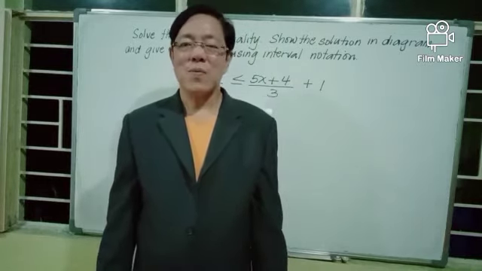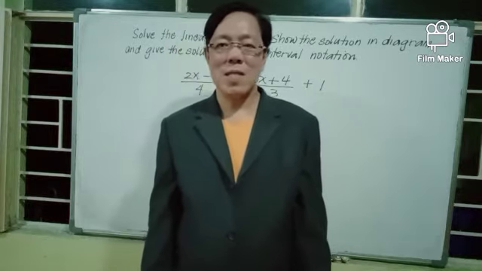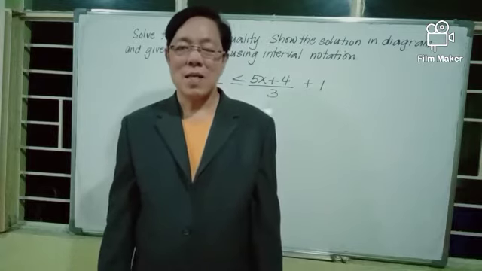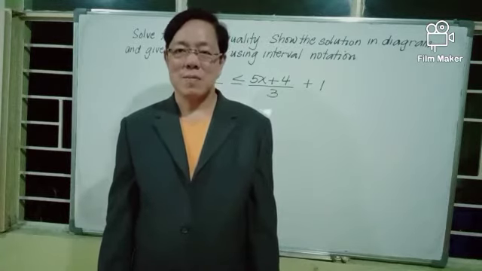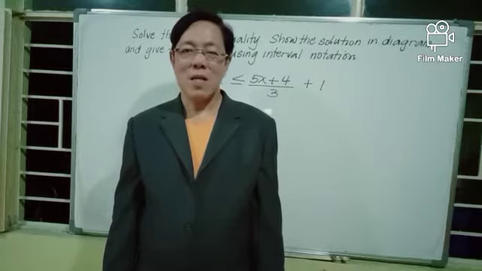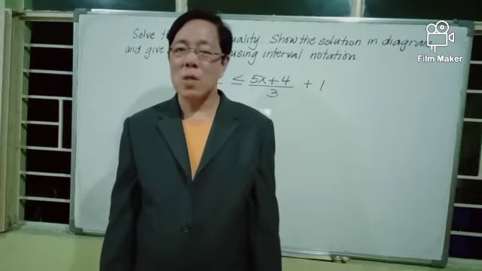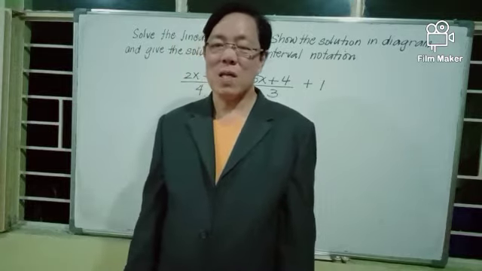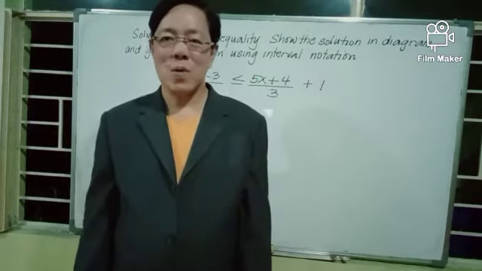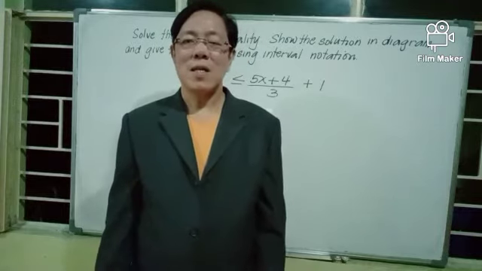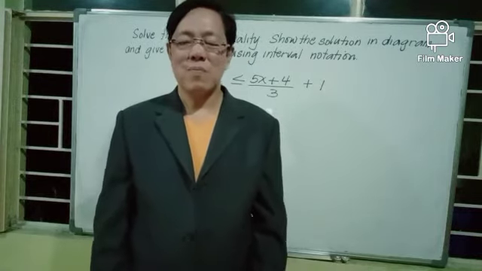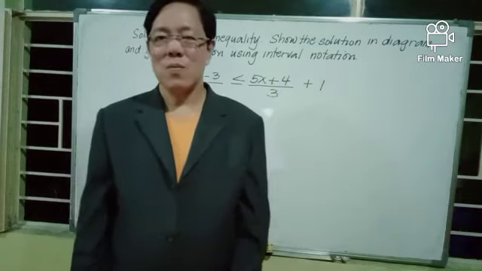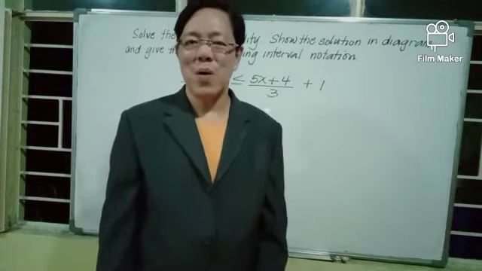And lastly, if you divide both sides of inequality by negative real number, the inequality sign is reversed. So the inequality sign will be reversed only when you multiply both sides of inequality by negative real number, or you divide both sides of inequality by negative real number. We now solve the first example.